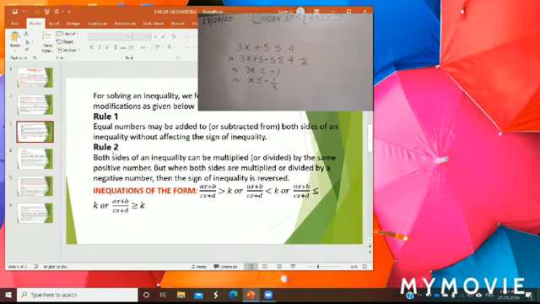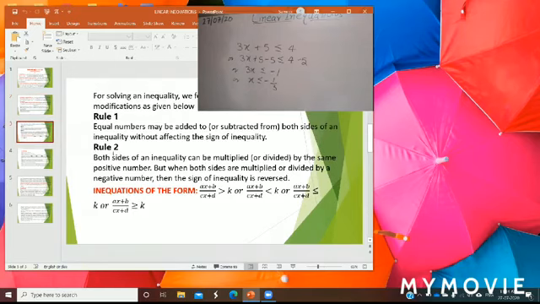And both sides of an inequality can be multiplied or divided by the same positive number, but when both sides are multiplied or divided by a negative number, then the sign of the inequality is reversed.